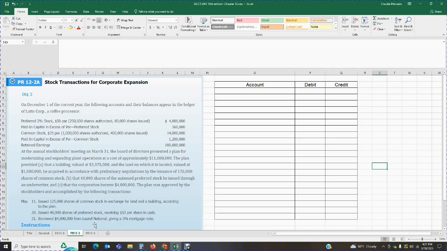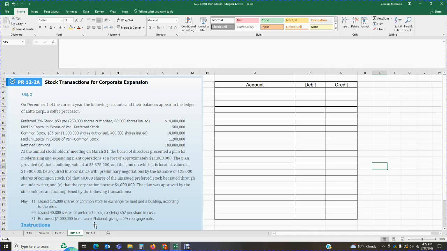million. Okay. At the annual stockholders meeting on March the 31st, the board of directors presented a plan for modernizing and expanding plant operations at a cost of approximately $11 million. The plan provided that a building valued at $3,375,000 and the land on which it is located, valued at $1.5 million, be acquired in accordance with preliminary negotiations by the issuance of 125,000 shares of common stock.